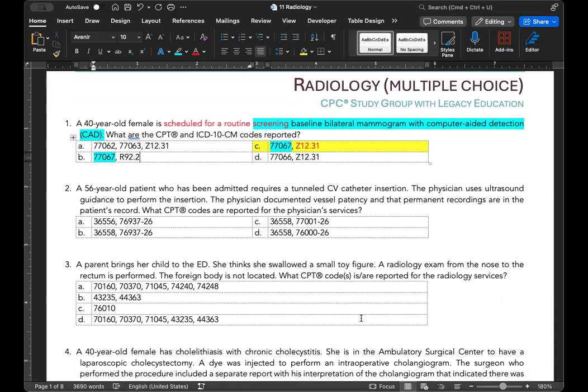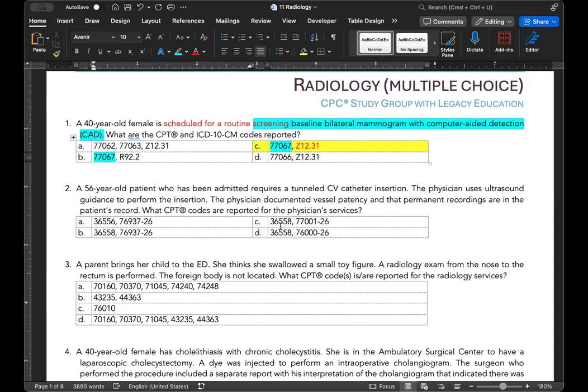Let's look at this one from a process of elimination standpoint. So we are coding for our radiology service. But because the procedure has a radiology component, we also still have to report whatever the service is.